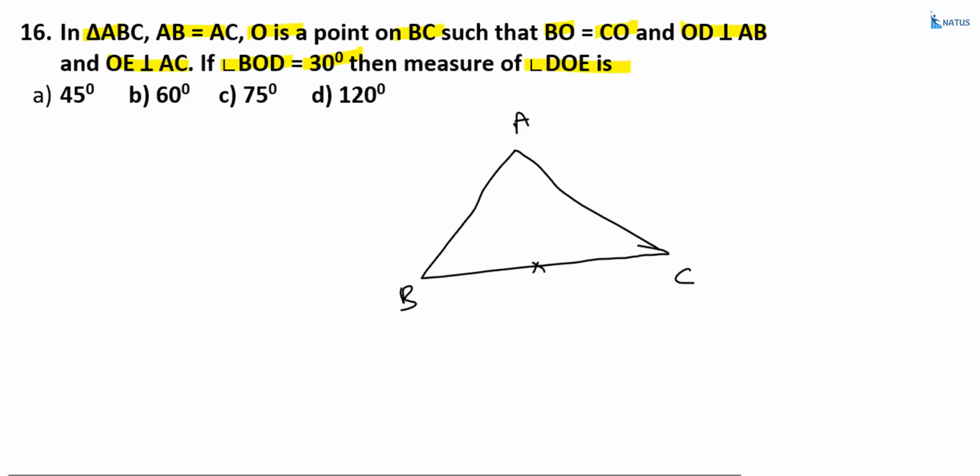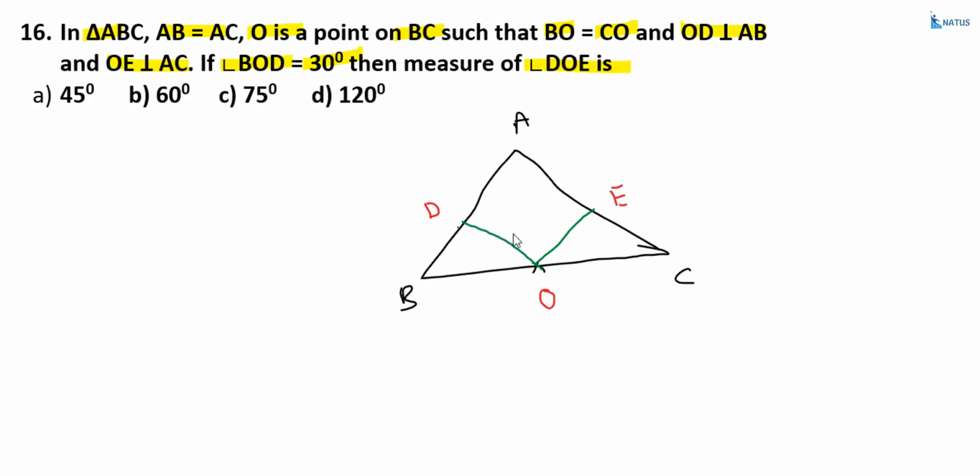So this is O, right? And next, OD is perpendicular to AB. One perpendicular line here, and this is D. At the same time, OE is perpendicular to AC, and this is another perpendicular line, and this is E.